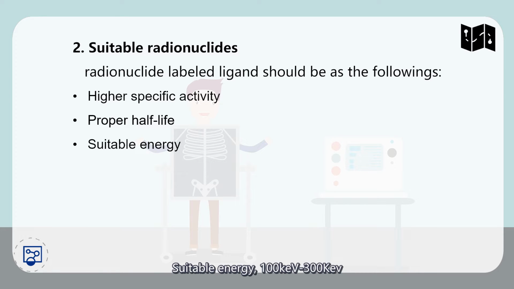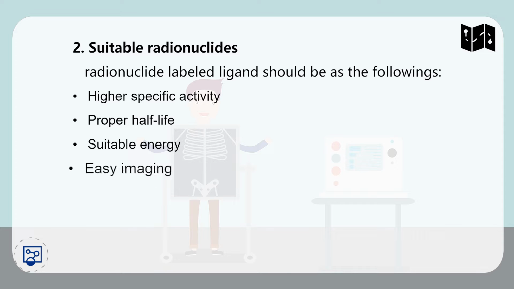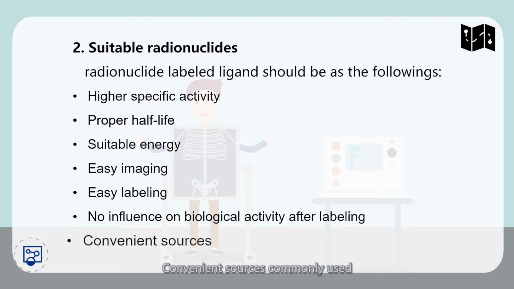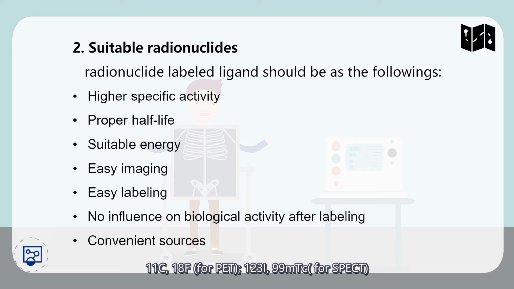A suitable energy, like 100 to 300 keV in this range, and easy imaging. Then easy labeling and no influence on biological activity after labeling. It's conveniently sourced. Now we commonly use carbon-11 and F18 for PET, and iodine-123 and technetium-99m for SPECT.